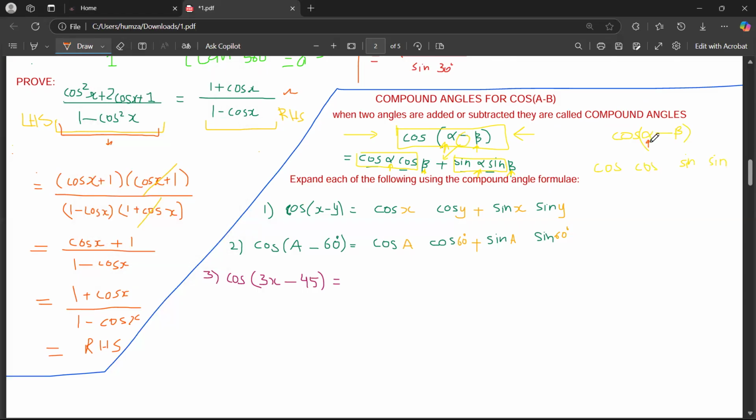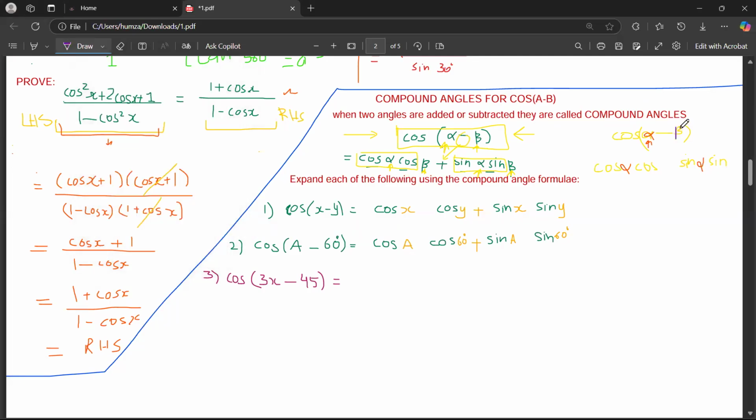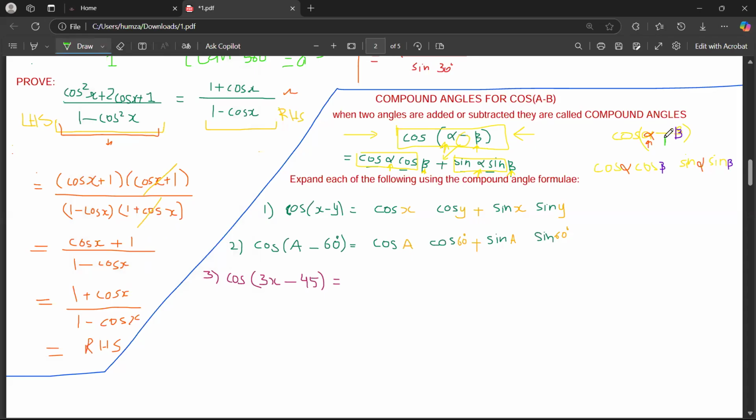This alpha goes with cos, and one alpha will go with sin. Then this beta will come with this cos and this beta will come with this sin, right? And then we look at the sign in between. This sign is negative, so this will become positive. Understand so far?